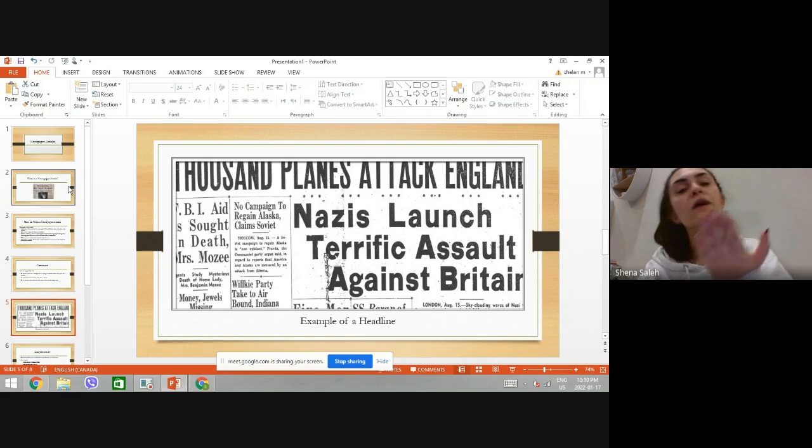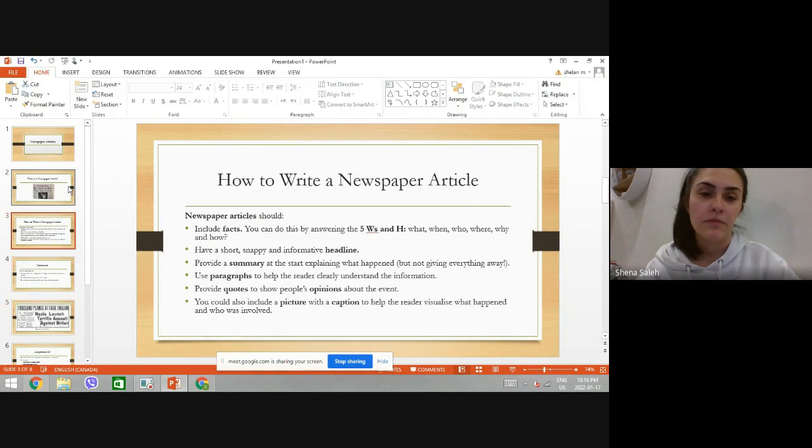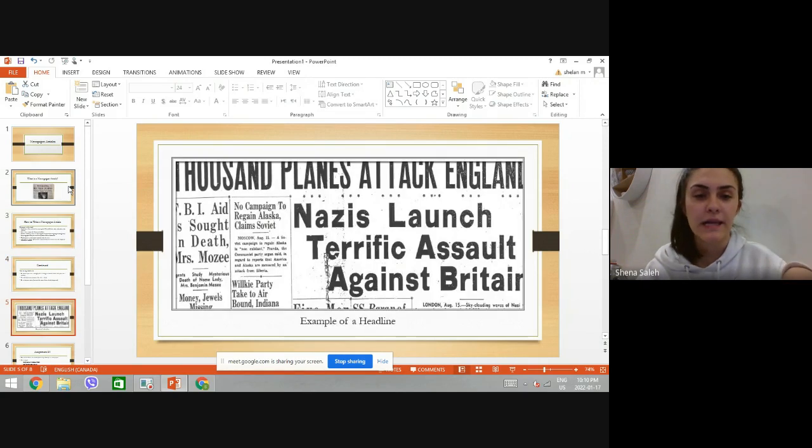And, oh my God, what's going on with Britain? All these questions that the reader creates in his or her head should be answered in the newspaper article. So the headline should give basic information, a basic knowledge about what the article will be about. That's quite cool, it's really awesome in my opinion. We'll get more into headlines in a bit.